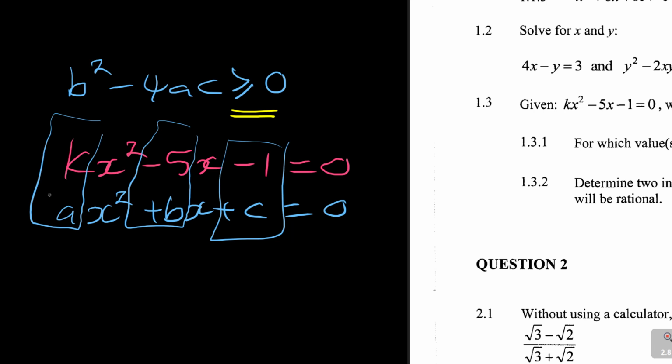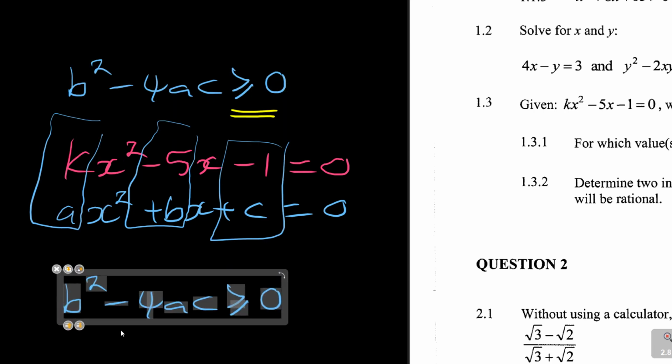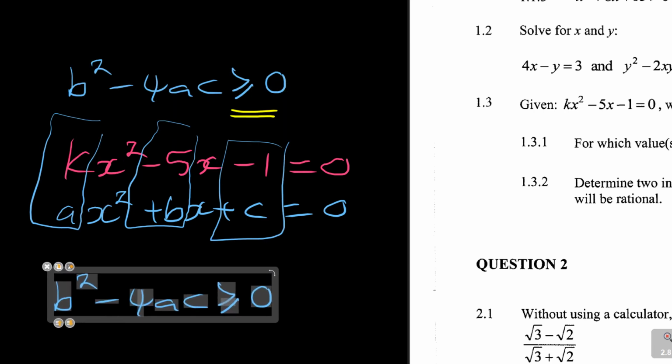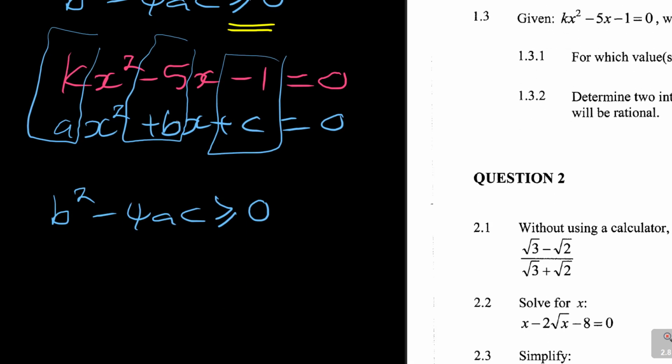So where you say b squared, if I can take this one here, duplicate and take it down here, and then redo it to say now where I've got b, you see b is minus 5, so it's bracket minus 5 squared, see, minus 4a is what? A is k. See that? And then what about c? C is negative 1. Are you getting that?